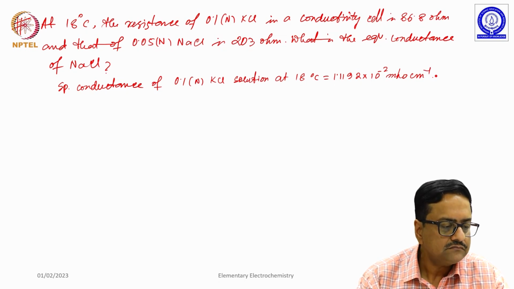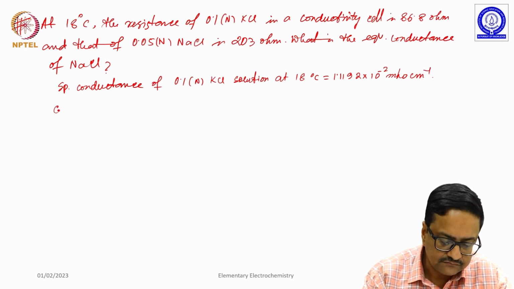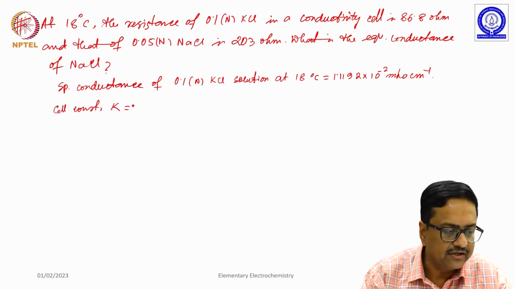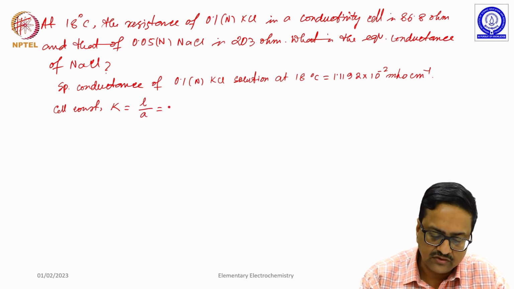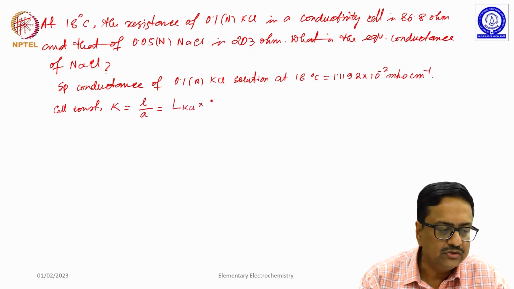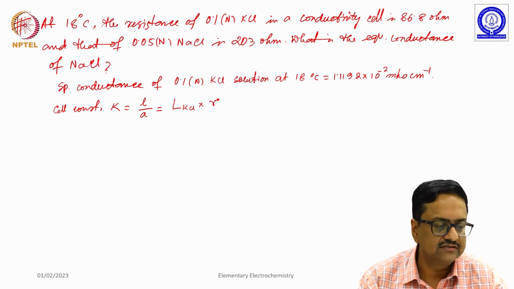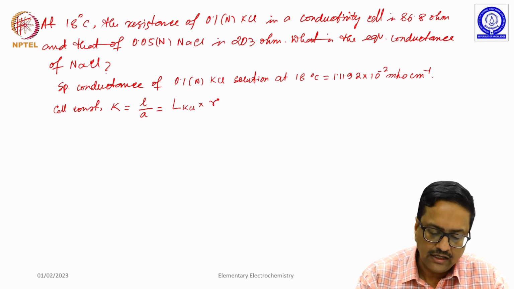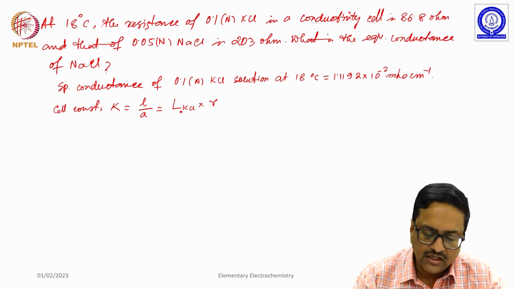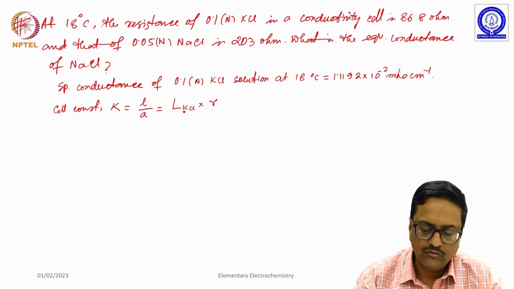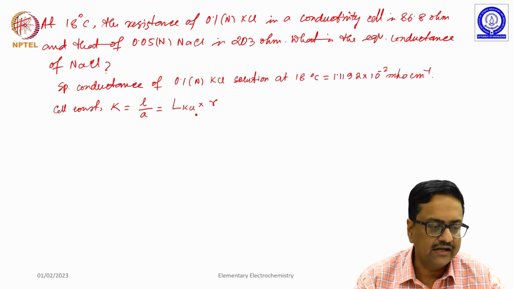And what we know is that cell constant, that is K, is equal to l by A is equal to L KCl into the corresponding resistance R, and R has unit ohm, L has unit mho or ohm inverse, second inverse.